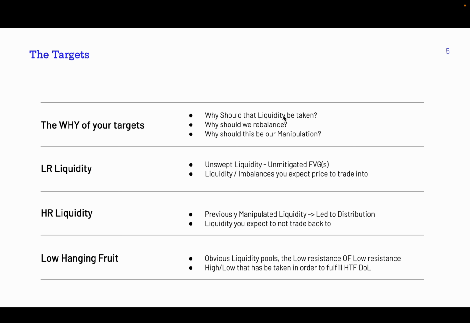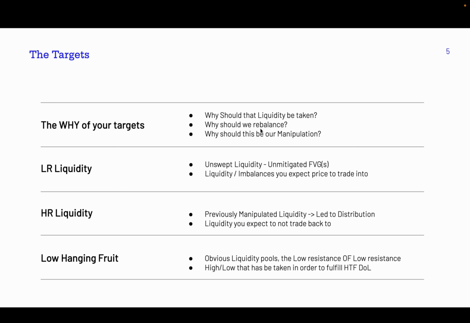An example of this would be, okay, this liquidity pool should be taken for one, it's low resistance liquidity. We just swept previous day low, hit a high time frame imbalance, and we're only printing wicks to the downside. And then why should we rebalance? Well, we should rebalance because in the past hour, price hasn't made any significant retrace. If you trade mech model, you'll understand this second one the most.